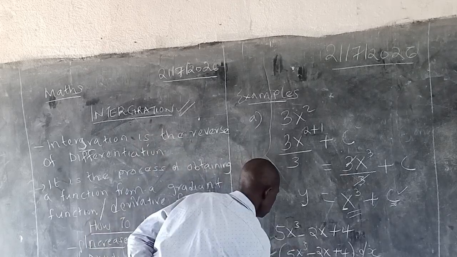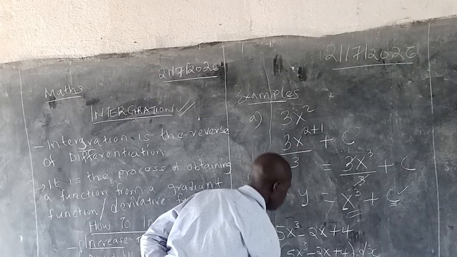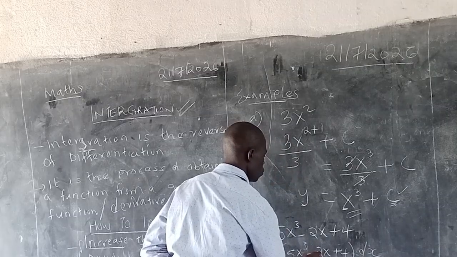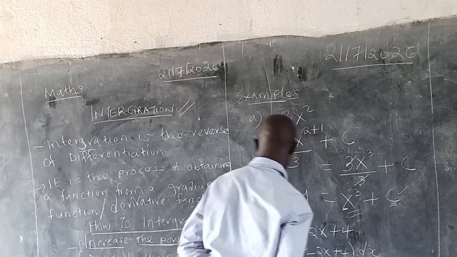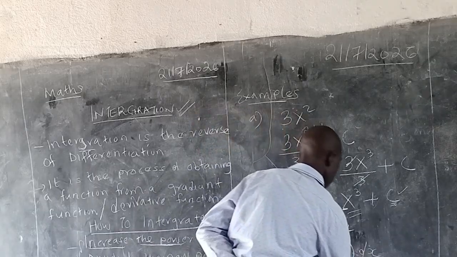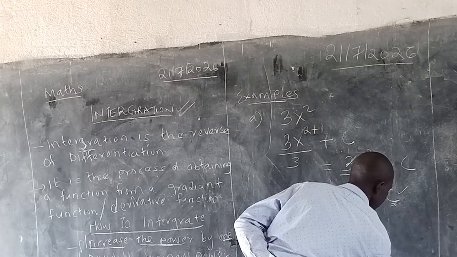Here is 5x to the power 4 over the new power 4, minus 2x squared over 2, then plus 4x over 1 plus the constant c.